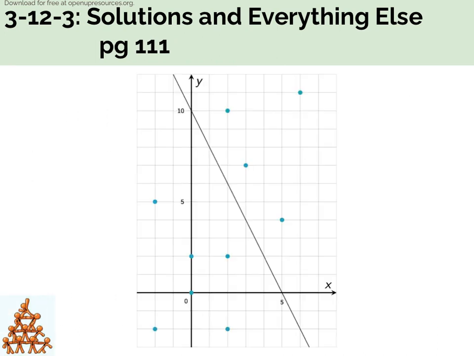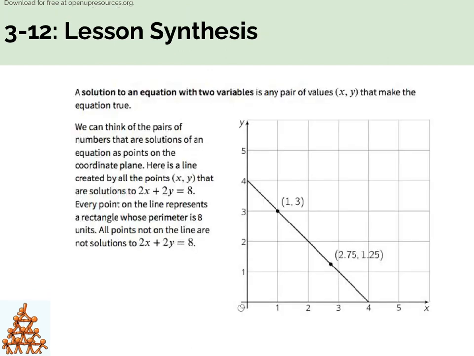So here's another example of an answer for page 111. What we're looking at is a solution to an equation with two variables. It is a pair x comma y that makes the statement true.